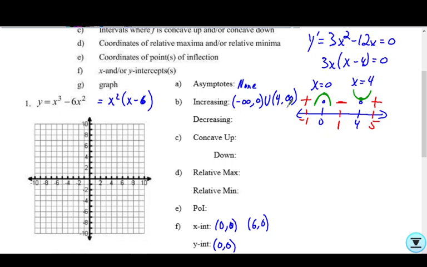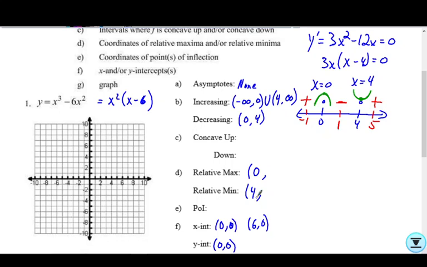And it's decreasing between 0 and 4. So those are my intervals of increasing and decreasing. At the same time, I can also realize that at 0 I have a relative maximum, and at 4 I have a relative minimum. We'll figure out the y values in just a minute.